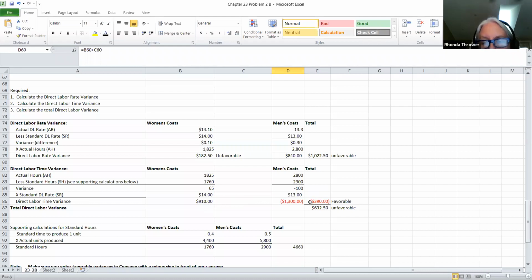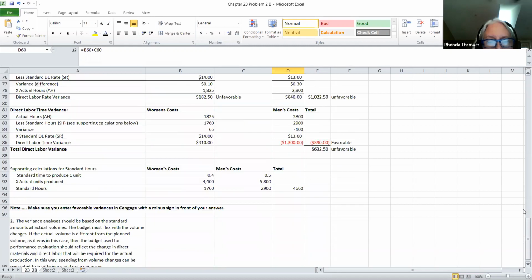When you're in Cengage, make sure you enter this as a negative amount or it'll count it wrong. Then you combine the two of these together, your total direct labor variance is $632.50. And because we had more unfavorable than favorable, our variance is unfavorable here.